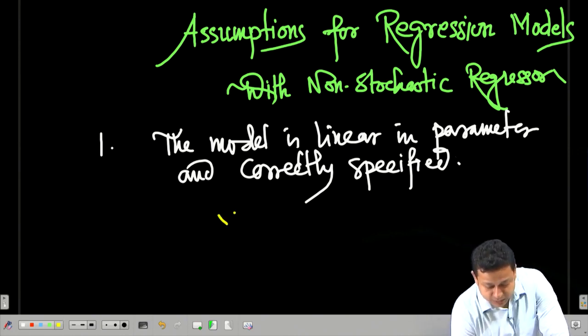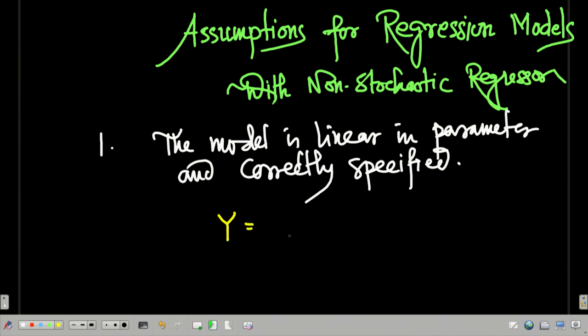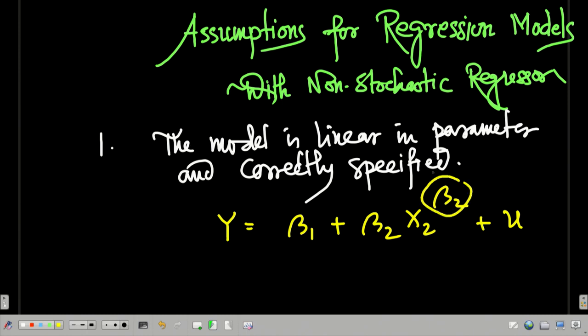Let us say y is equal to beta 1 plus beta 2 x 2, with a power on beta 2, and then we have our error term. I cannot have this here, because then it is not linear in parameter, and this is a problem when I follow the least square method to estimate the parameters.